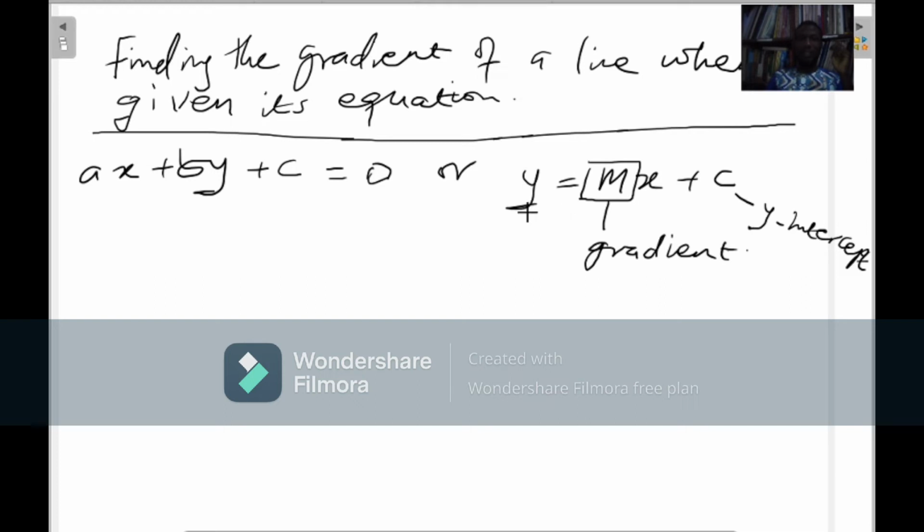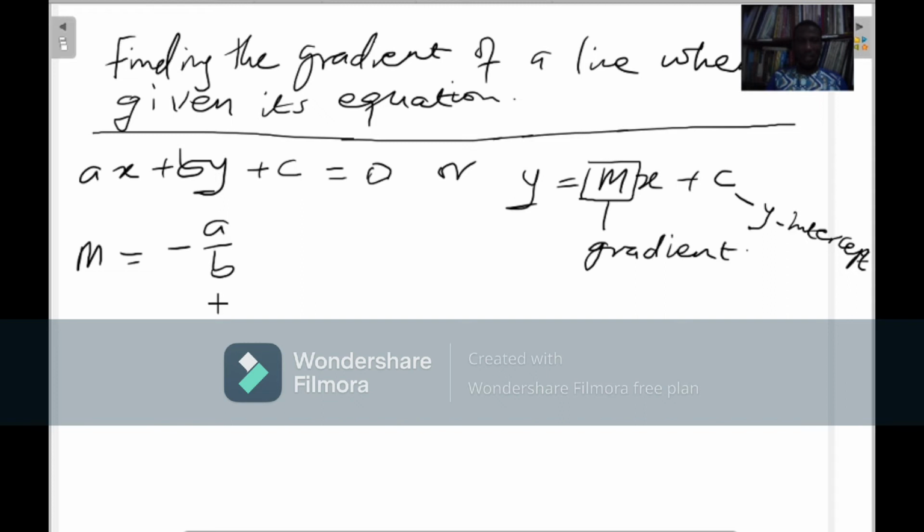And in this form, like I said, it's just a matter of making y the subject of this. And any other thing, it can be a fraction, being the coefficient of x, but we just decided to make it only one variable. That's why we replace everything by m. But in case making y the subject becomes difficult for you, then you can use this one straight. You get the gradient as being negative a over b.